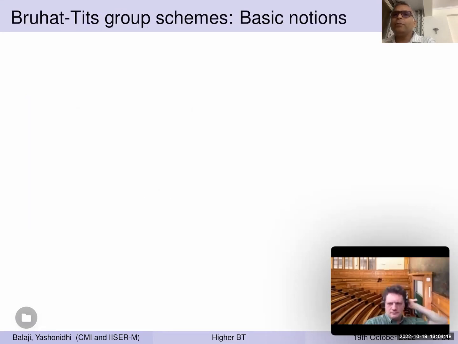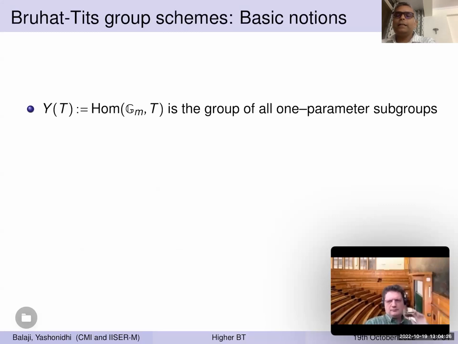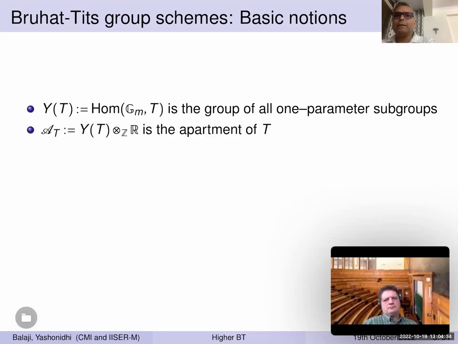Now I'll recall some basic notions of Bruhat-Tits group schemes. Let YT denote the group of 1 parameter subgroups of the maximal torus T. Let AT be YT tensor R. This is the apartment of T, and implicitly the origin of the apartment has also got fixed.